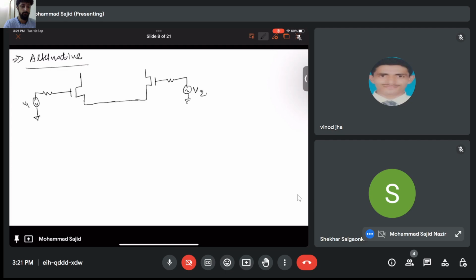Okay, this is the circuit which we use. And here we intend to get infinite impedance, and thus we use a constant current source. Let's call it I naught.